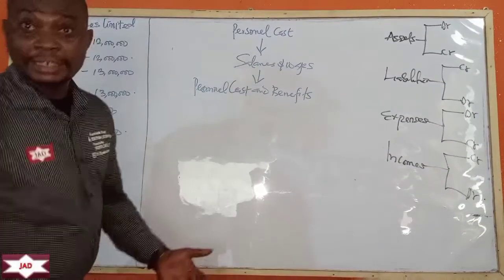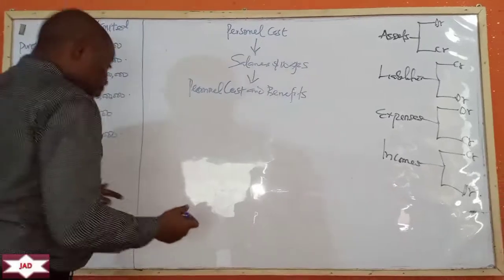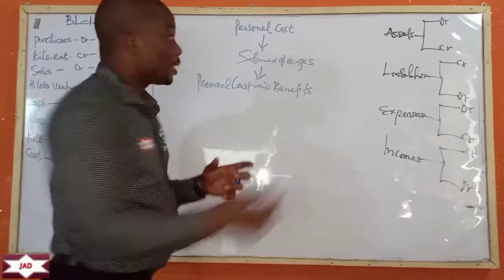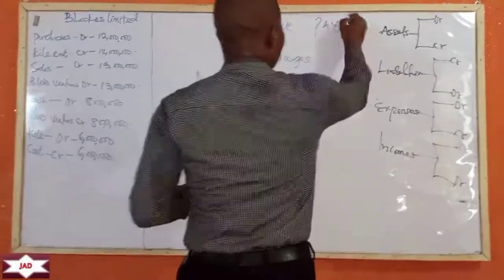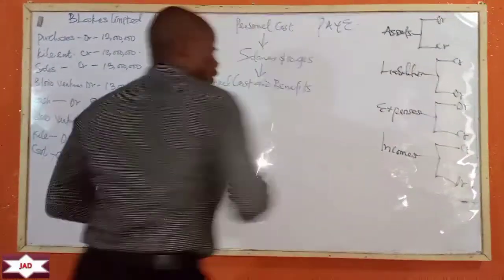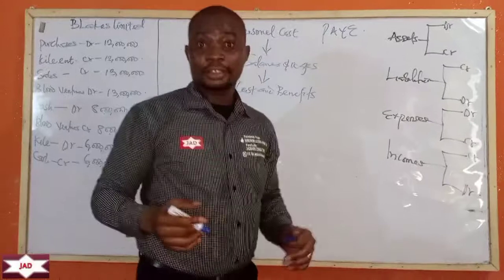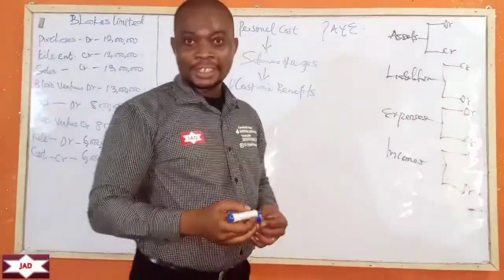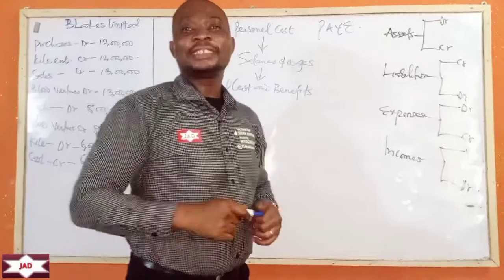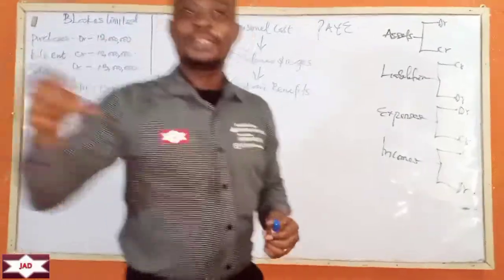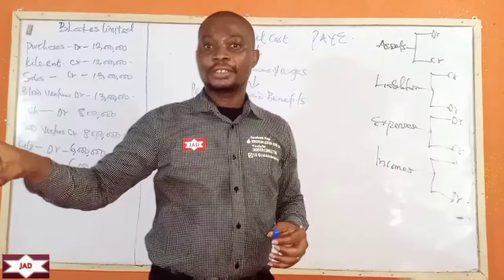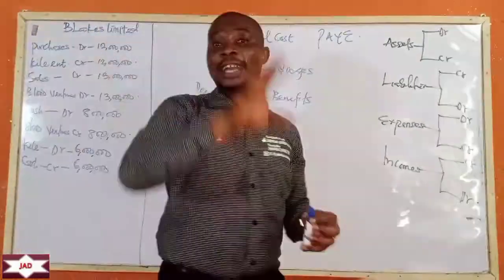And then remember, I mentioned that in calculating your salaries, there's something called pay as you earn, called PAYE. Or you can call it salary tax. Salary tax is a tax you take out of employee salaries and then remit to the appropriate revenue service based on the state where they are.